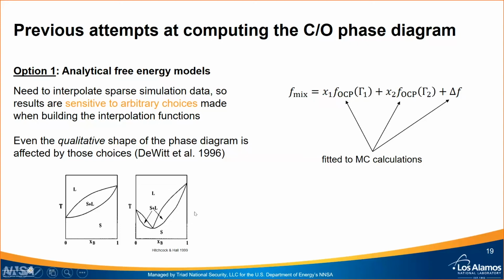Some will find that there is no azeotrope point, and others will find that there is an azeotrope point. And this kind of discrepancy is even found when people are using the same Monte Carlo calculations to build their fits. The problem is that the differences in free energy between the liquid and the solid that we are talking about here are very, very small. Even a small error in the fitting of those results can be enough to completely change the results of the calculations.